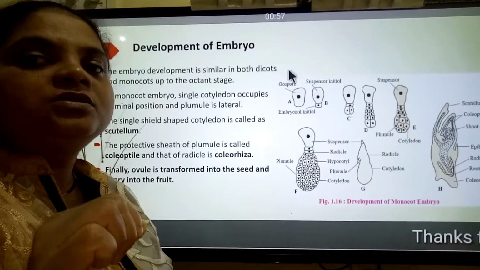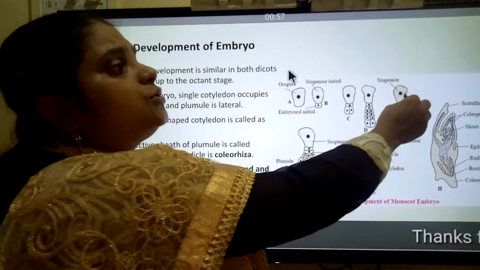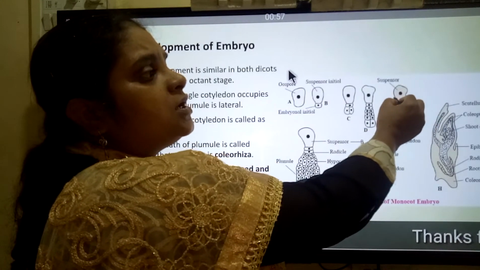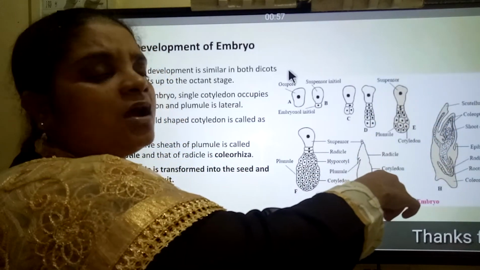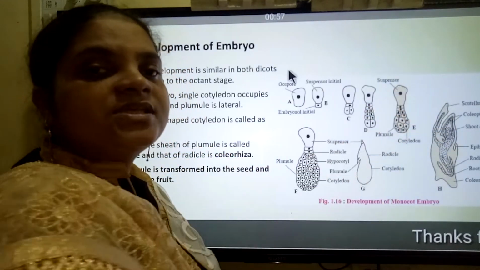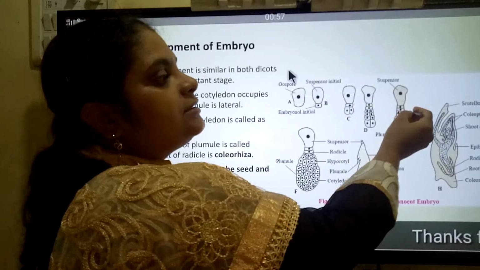It is observed in the suspensor. The first cell towards the micropylar end is a little bit swollen compared to the other cells, and that is called the haustorium.